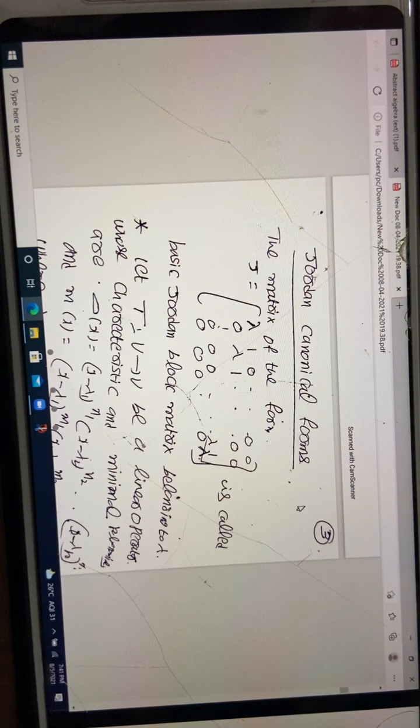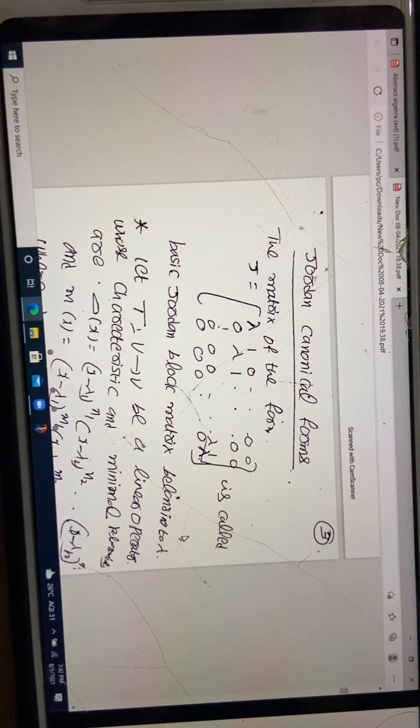Jordan canonical form. What is meant by a Jordan block? It is a matrix of the form with lambda on the diagonal, ones above the diagonal, and all remaining entries zeros. What is lambda? The eigenvalue.